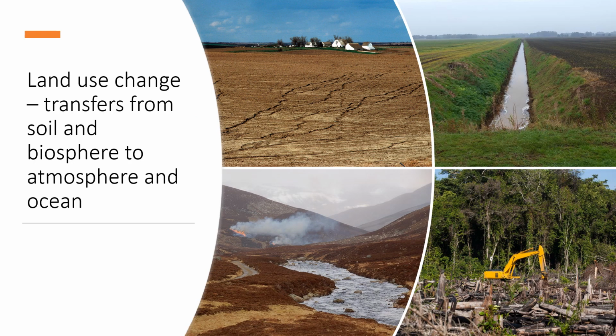And here we have some examples of land use change leading to the transfer of carbon from one store to another. Hopefully you can see from this top left image we have this field which has some gullies forming within it, and these gullies are eroding the soil and taking carbon from within that soil and removing it and taking it into the watercourses and away from this location.